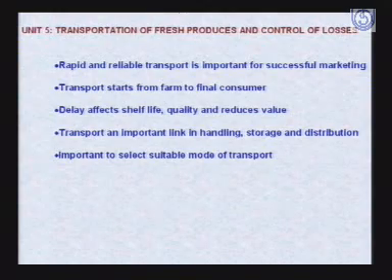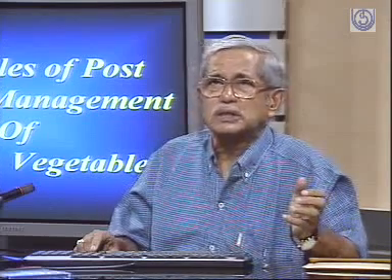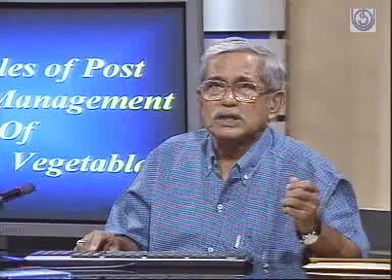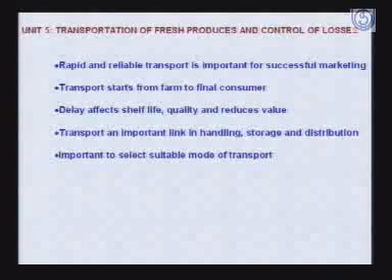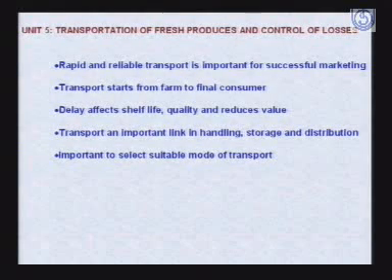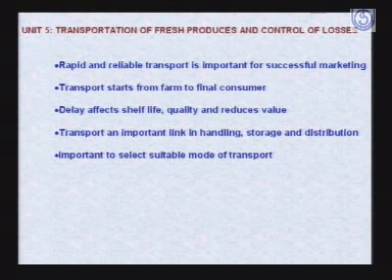Any transportation delay will also tell upon the shelf life of the commodities, so it will also reduce the quality of the commodity. As soon as it is harvested, it should move from place to place at its optimum temperature and humidity.